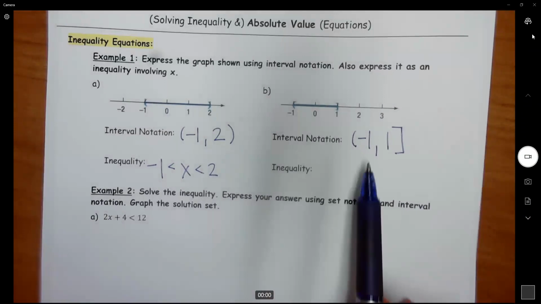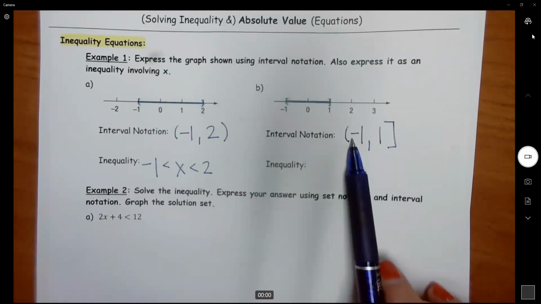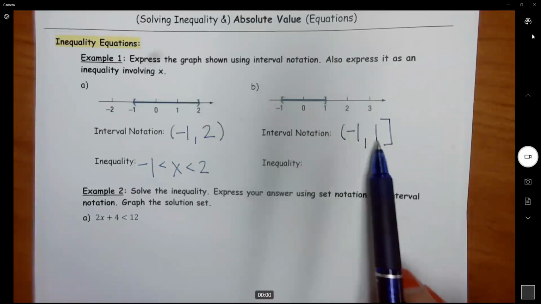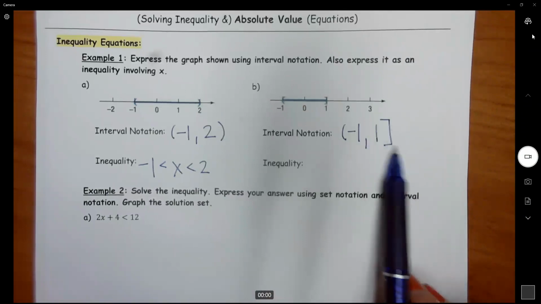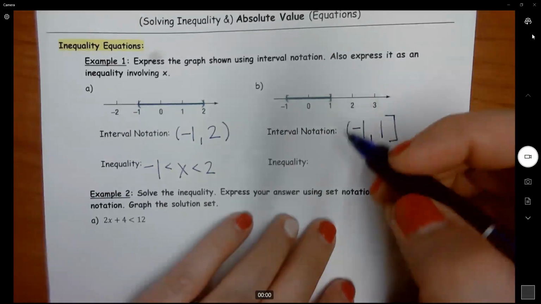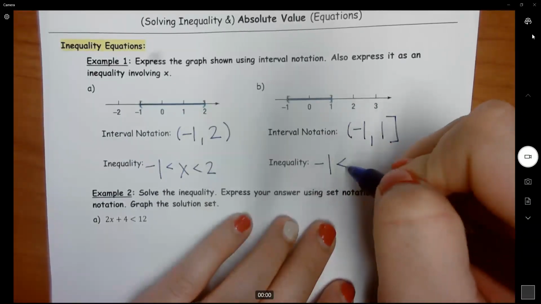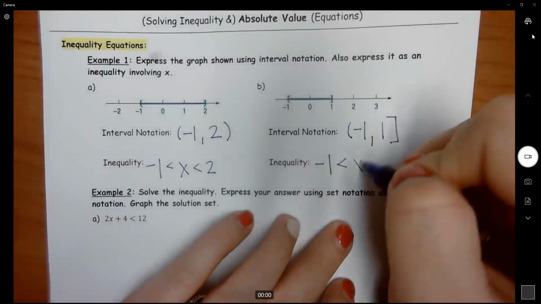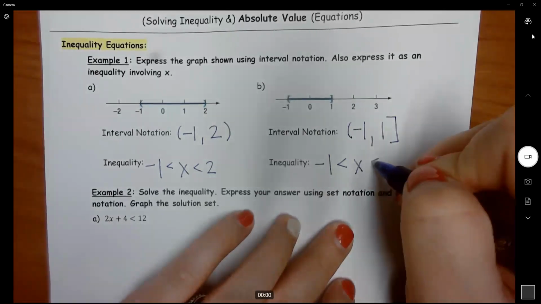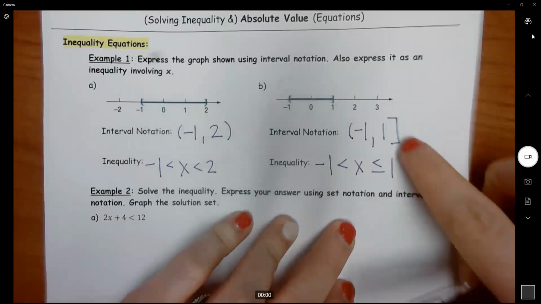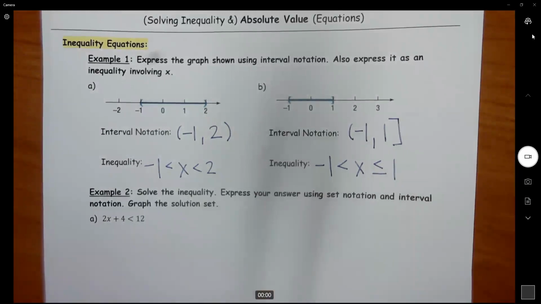So this means we have every number in between -1 and 1, where -1 is not included in our solution set because of that parenthesis, but 1 is included because of that bracket. And then the inequality here would be -1 is less than, because again, parenthesis, it's not included, is less than x, but this time is less than or equal to 1 because this bracket includes that 1.